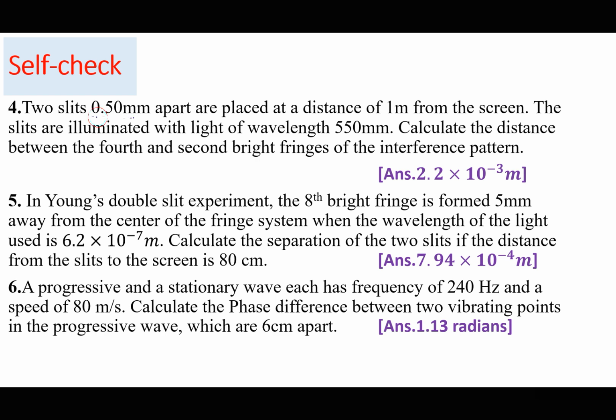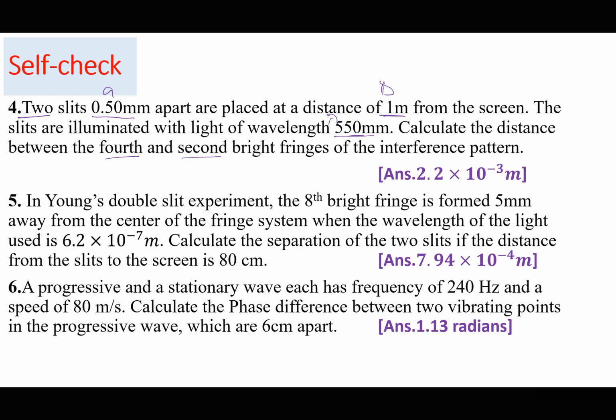Two slits 0.5 apart, so this is a. Whenever you see two slits, that is the double slit. They are placed at a distance of 1 meter from the screen, so this is capital D. The slits are illuminated with light of wavelength, so this is lambda. Calculate the distance between the fourth and the second bright fringes of the interference pattern.